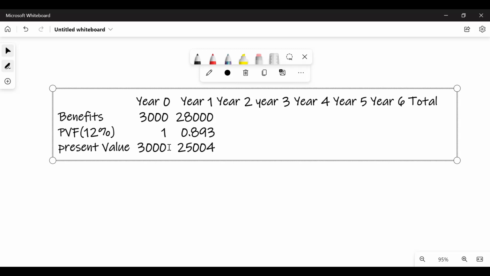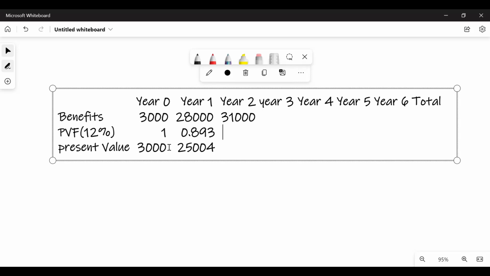Now, the second year, the benefit that we expect, according to this one, is 31,000. Right?